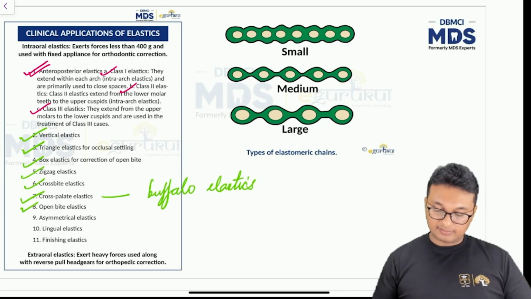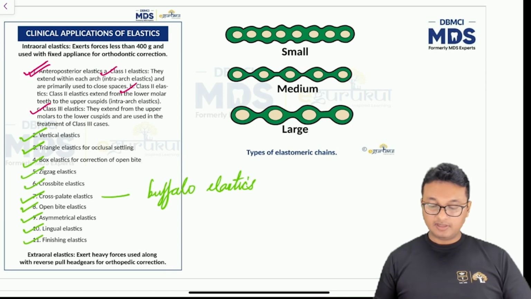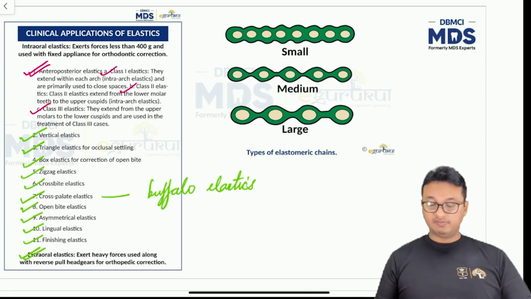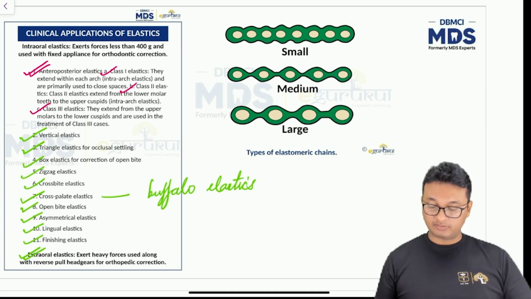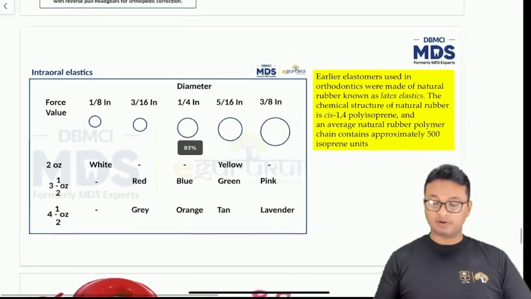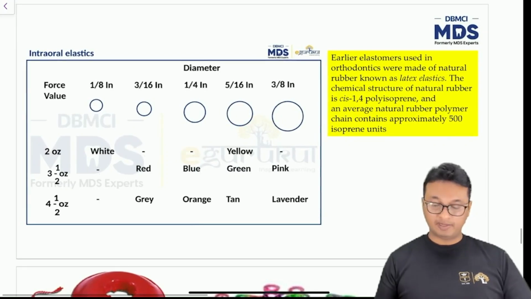Then open bite elastics, asymmetrical elastics, lingual and finishing elastics, right? And even extraoral elastics, which can be used with reverse headgears for orthopedic traction of the midface. We had talked about that in the chapter on orthopedic appliances earlier.